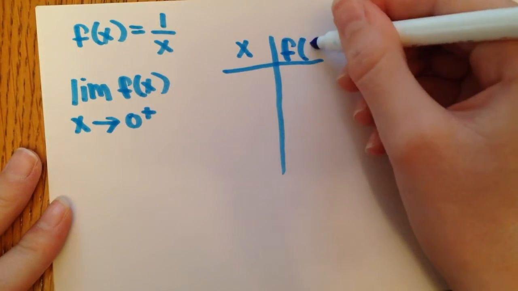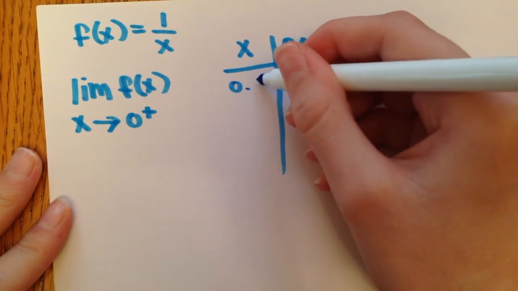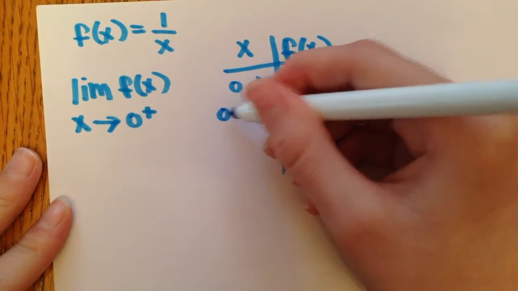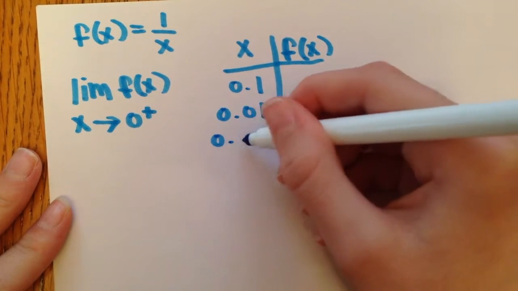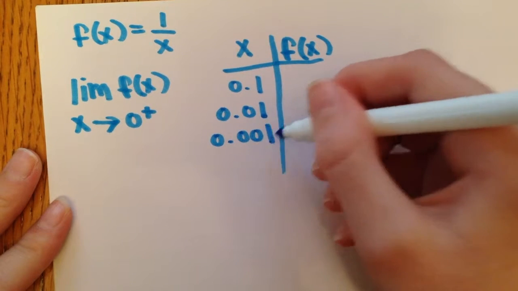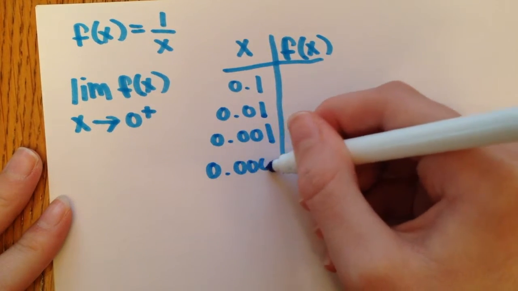So we're going to be using small decimals like 0.1 and 0.001, and then the f of x output when you put that in for x in the equation. And so we're just going to write that out.